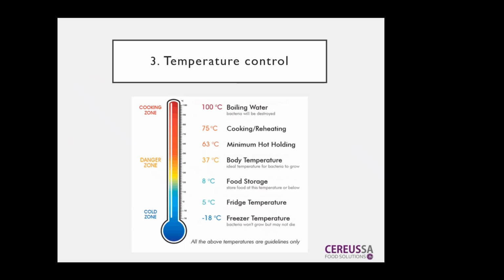The danger zone is that area which is body temperature, where it is nice and warm and bacteria will multiply and go into the log phase where there's exponential growth. This is where toxins can be produced and high numbers of bacteria can grow and multiply. When we cook food, we destroy a lot of microorganisms. Above 75 degrees Celsius, a lot of these bacteria are actually destroyed.